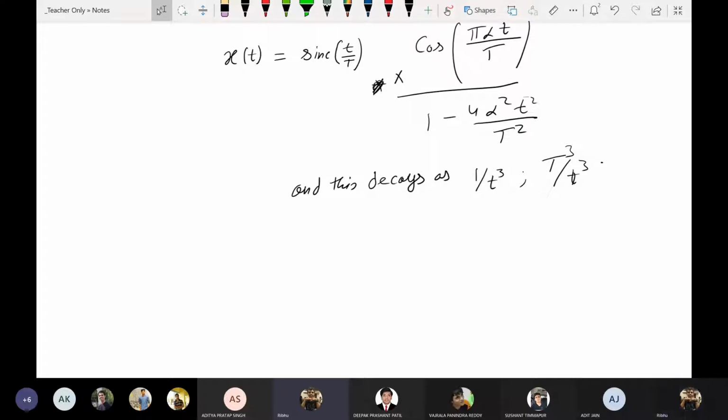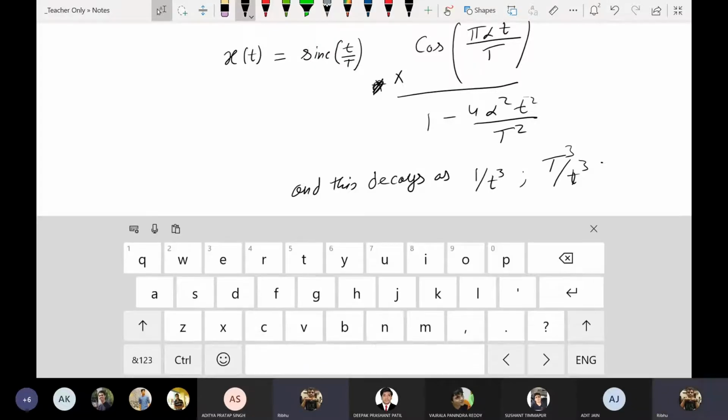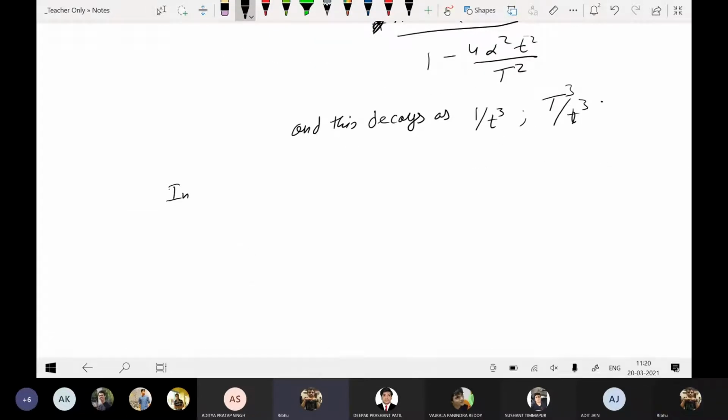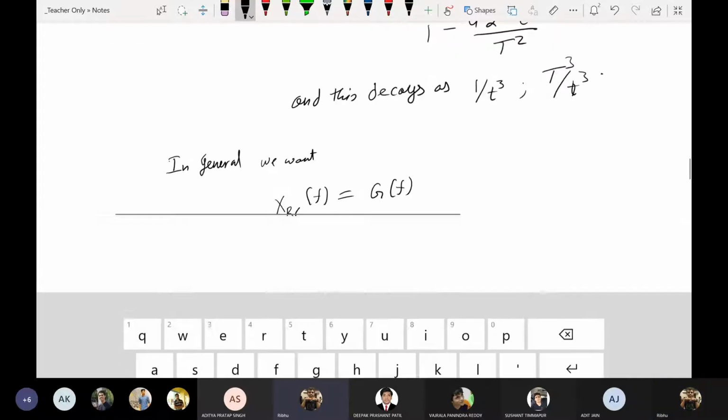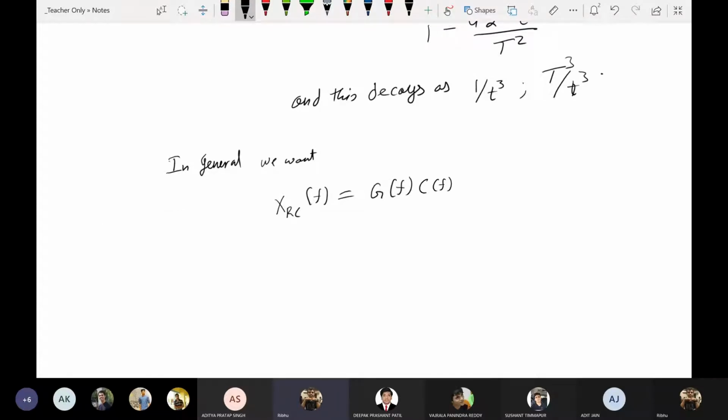So in general, we want X_RC equals G(f) P(f), right?